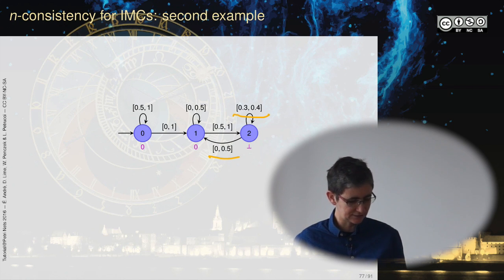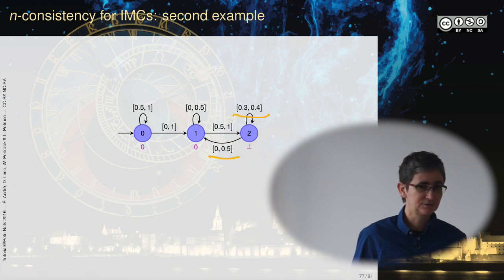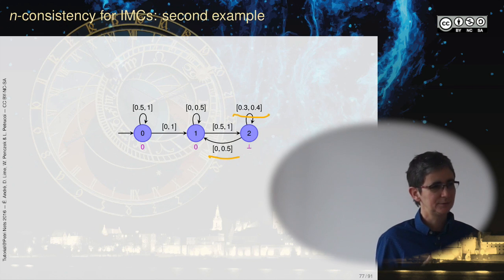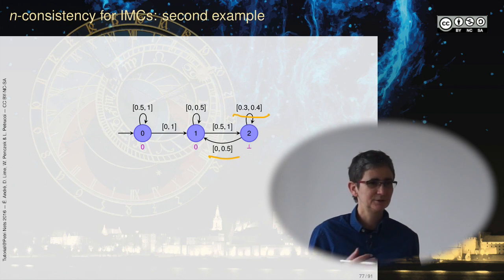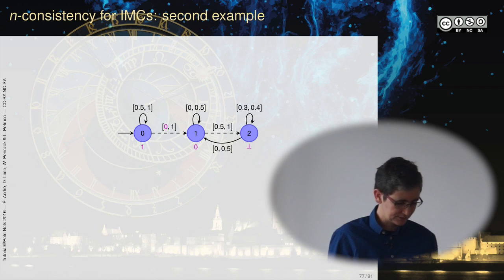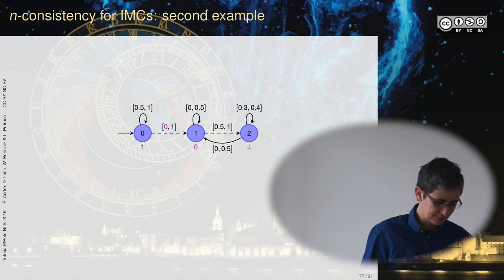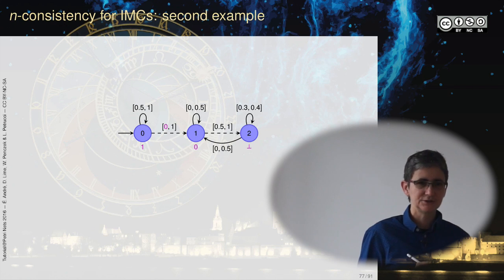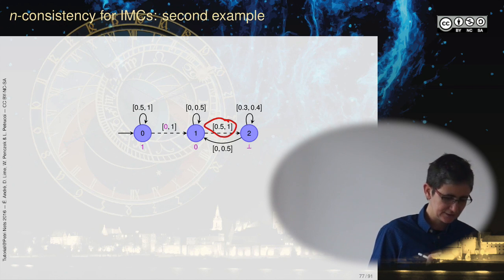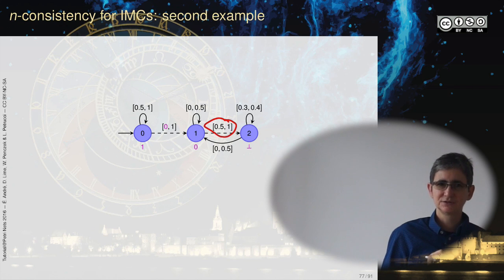Concerning the other states, we can see that they are both 0 consistent. The sum of lower bounds is smaller than 1, and the sum of upper bounds is bigger than 1. So let's look at one consistency. State 2 is not 0 consistent, so I would try to avoid state 2. But you can notice that here, I cannot choose 0.